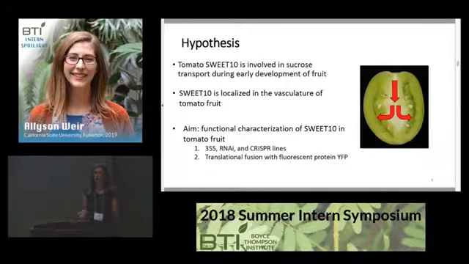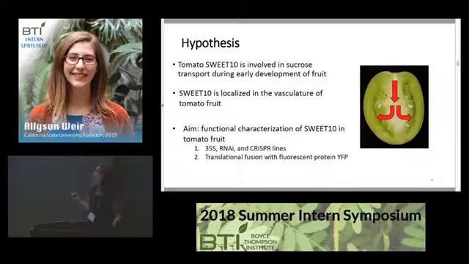My second approach to characterizing this protein was through the identification of the subcellular localization of SWEET10 in the fruit, using a translational fusion with YFP. So just a brief overview of my characterization of the gene expression.